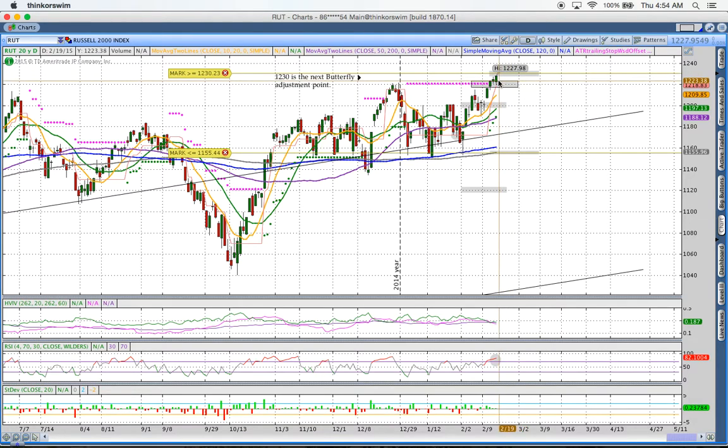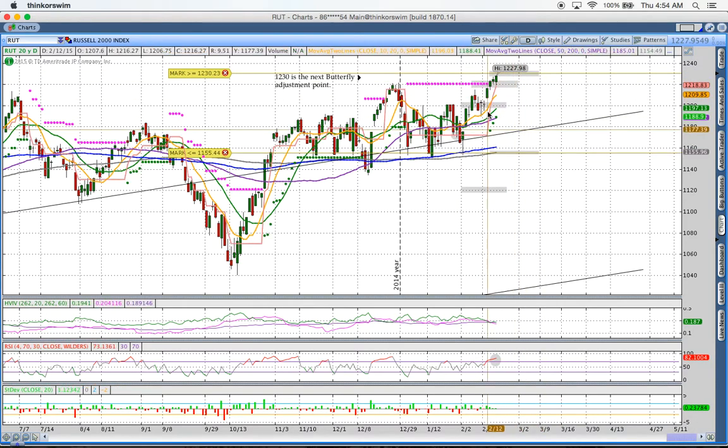So the Russell closed at new all-time highs yesterday at 1227, and we're just 3 points away now from the 1230 level. So trading up and through that's going to be another signal to adjust the trade higher. What I've done here, these lines, this shows the adjustment point, the one that I'm hovering over, and the lower point down here, 1155, this is the lower break even on my butterfly, approximately.